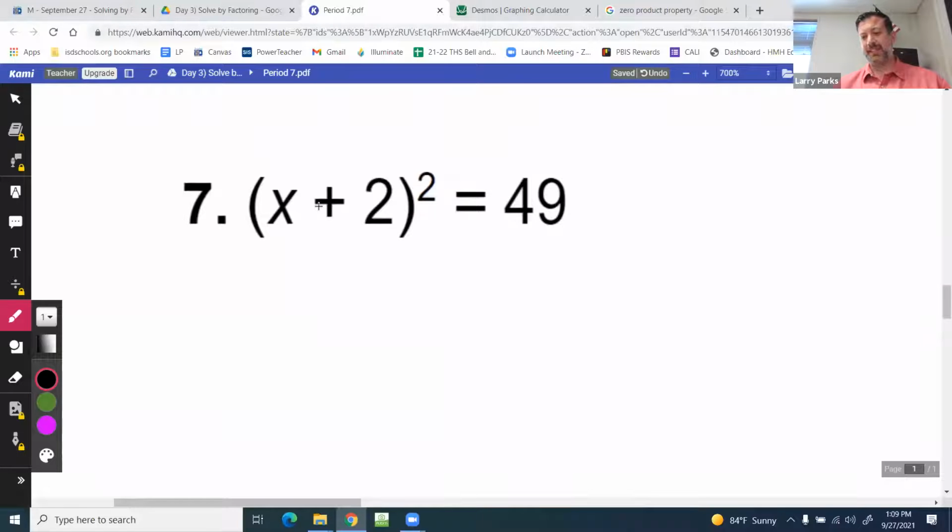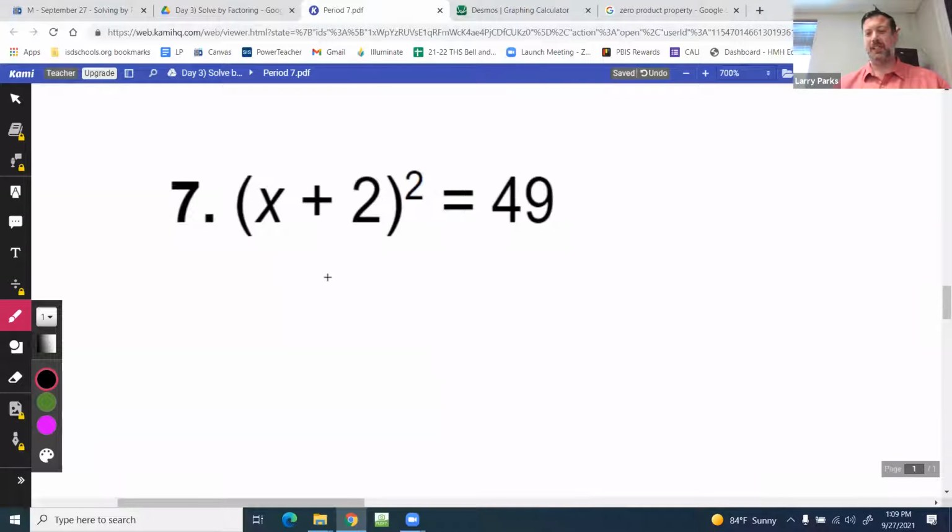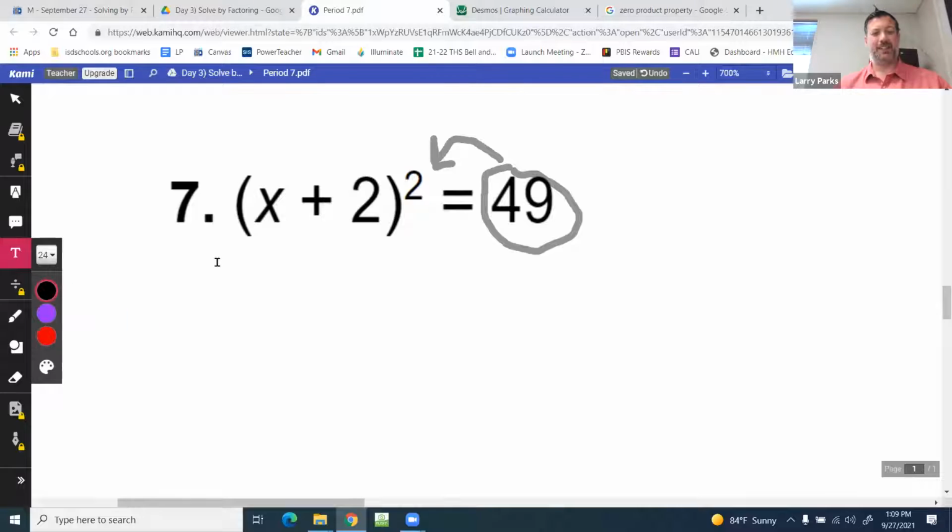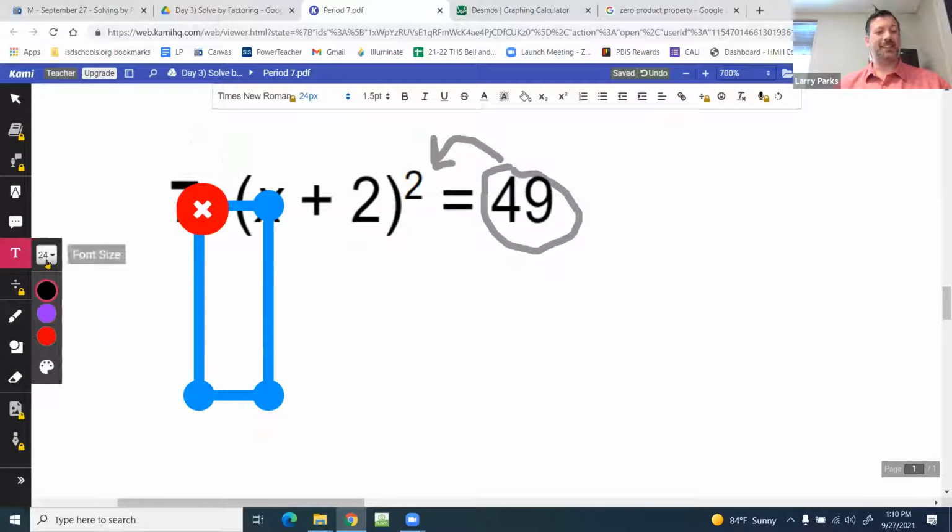This one is not anywhere near standard form. So I'd have to move the 49 over. And then I would have to distribute the x plus 2 times x plus 2. So I'd get, this one's a pain. Probably should use my, I'll use this instead.